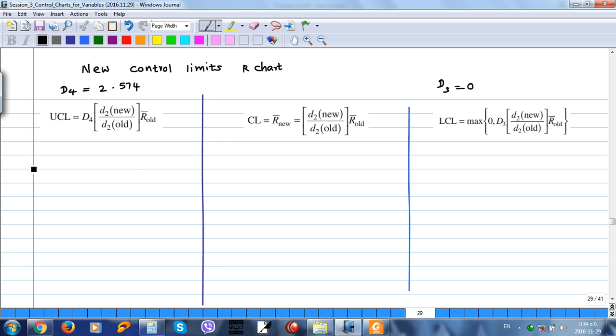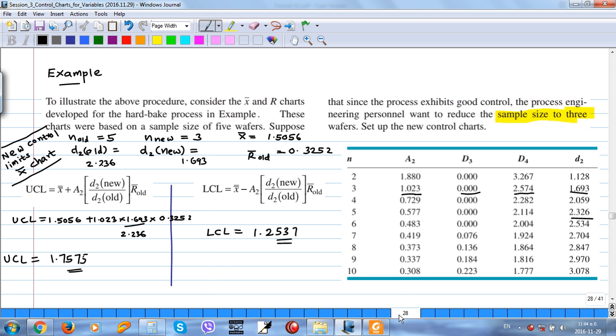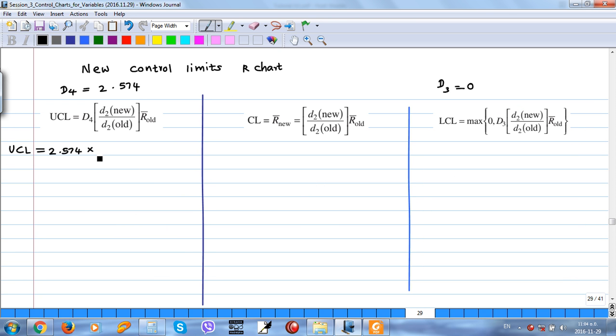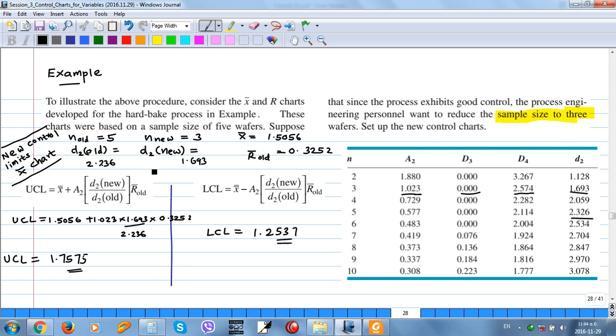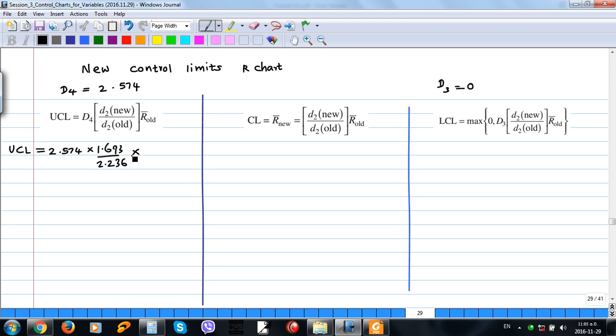Then we can substitute the upper control limit. D4 is 2.574 into R, D2 new equals 1.693, divided by D2 old, 2.236, into R bar old.